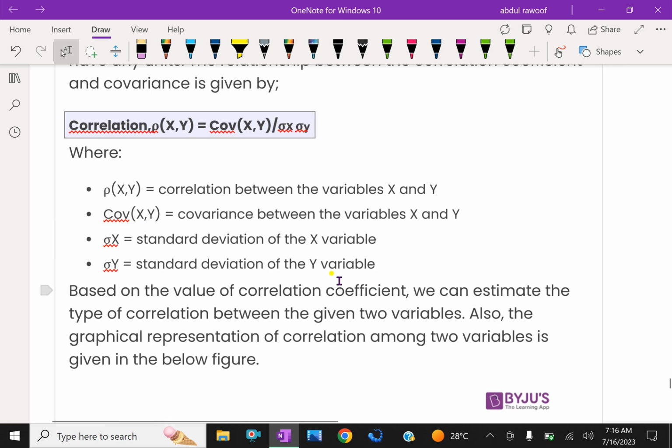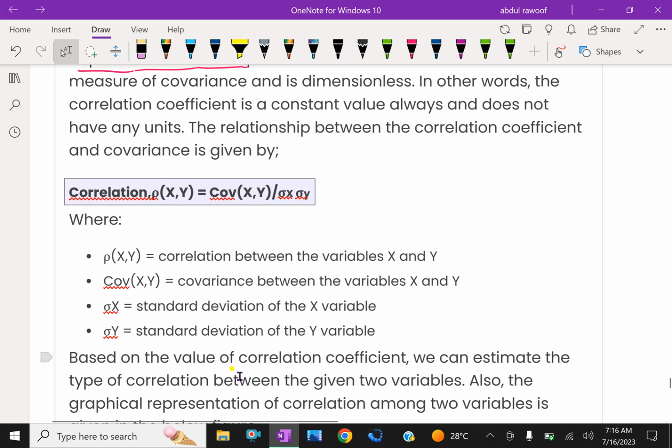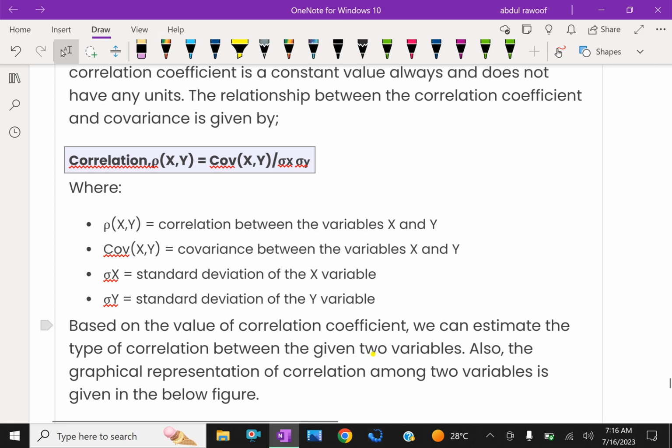Based on the value of the correlation coefficient, we can estimate the type of correlation between the two given variables. Also, the graphical representation of correlation between two variables is given in the figure below.